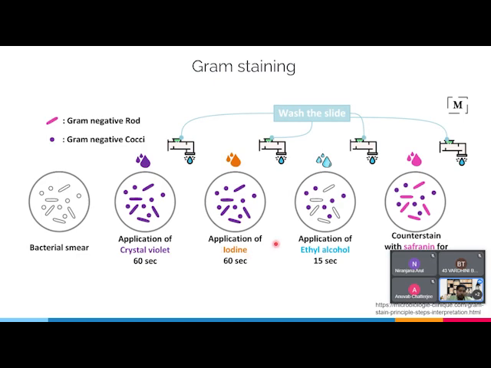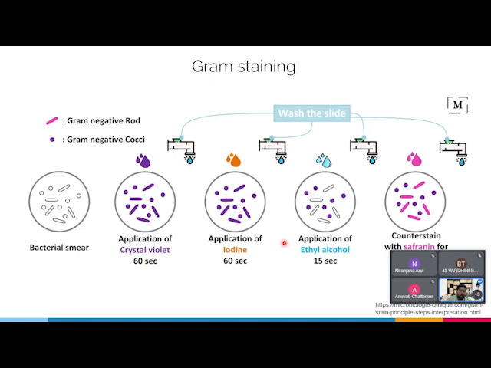Followed by washing of the slide again to wash off excess iodine, followed by application of ethyl alcohol. This is the important step and the major step in gram staining. So one of them will be gram positive, one will be gram negative.